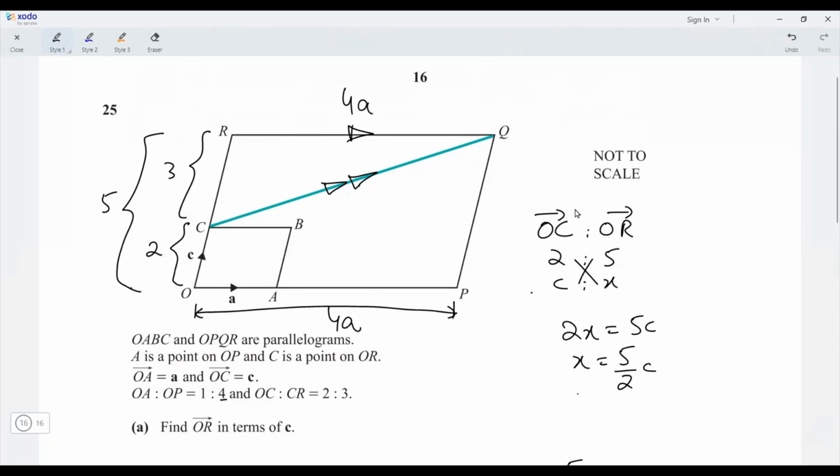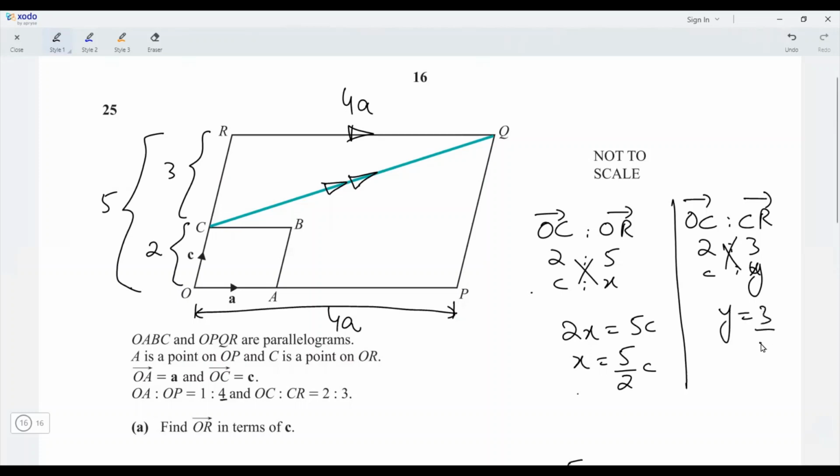Similarly, how can we find CR? CR can be found out through the ratio, same as the OC ratio. We know C's ratio is 2, CR ratio is 3. We know this vector is C and we have to find, we can say, Y. So Y is basically 3 over 2 C. So 3 by 2 C is the vector of CR and it is heading towards R. So both heads are joining, 4A must be positive.